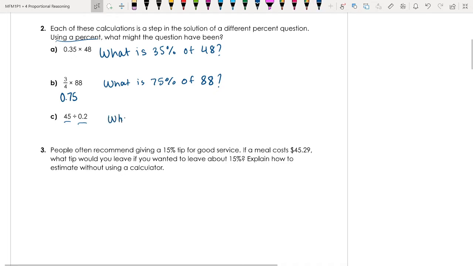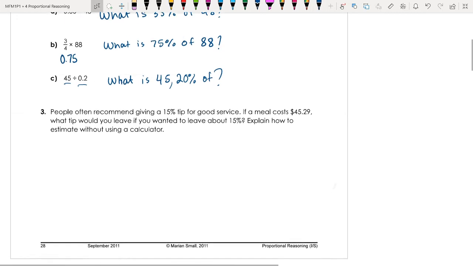Okay, and we find that answer when we divide 45 by 0.2. It will tell us what 45 is 20% of.